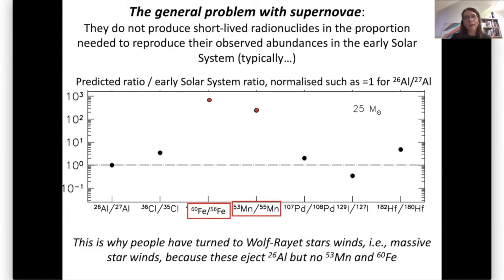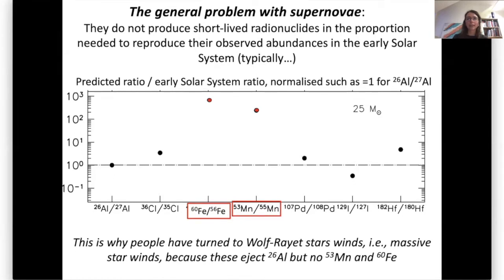And it's the reason why people are starting to think that maybe it's better to use winds, because winds from very high mass stars, Wolf-Rayet winds, so you have to go, say, about 30, 40 solar masses to have already strong winds before the supernova.